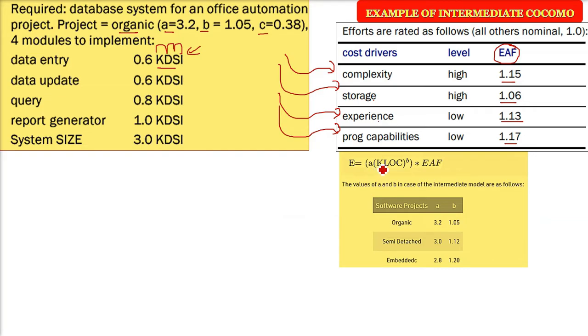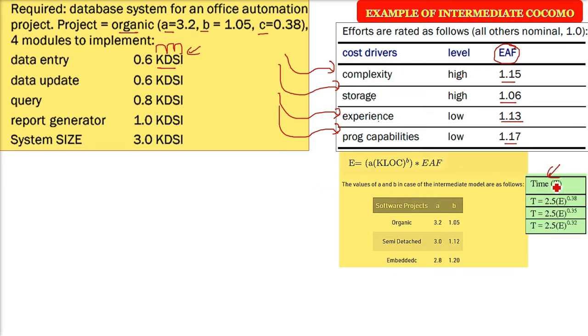Now this is the expression of the intermediate COCOMO: E equals A times KLOC to the power B, multiplied by the EAF, the effort adjustment factor. So what are the values of A and B? The value of A is slightly changed. The value of B remains the same. Since this project is organic, the time is like this.